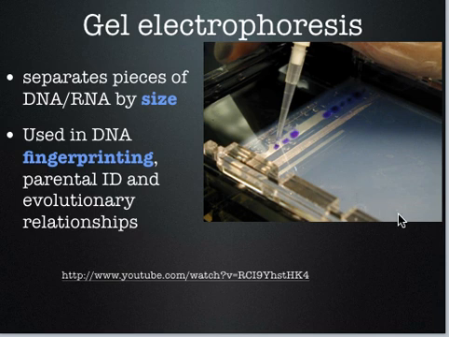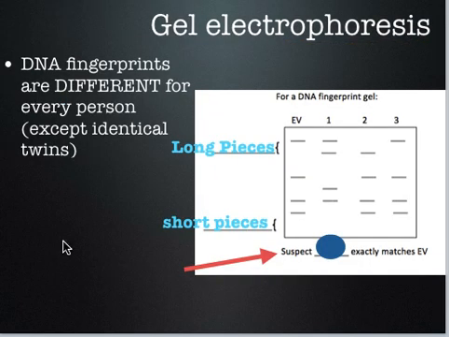And when you turn the gel off, what has happened is the DNA has separated out into what are called lanes. This is the first lane, what we call EV, which stands for evidence. Then you have lane number 1, lane number 2, and lane number 3. These numbers here are your suspects, who you think committed the crime.